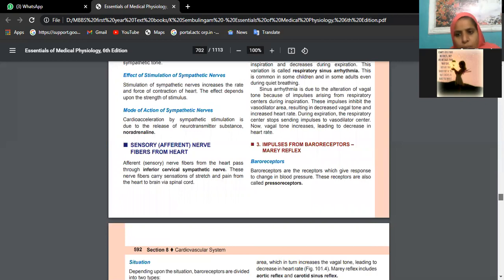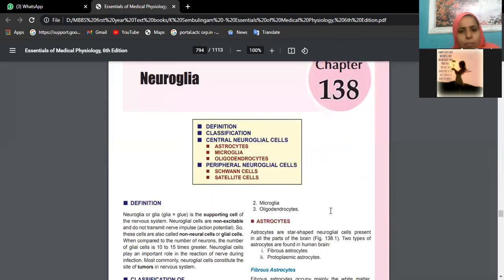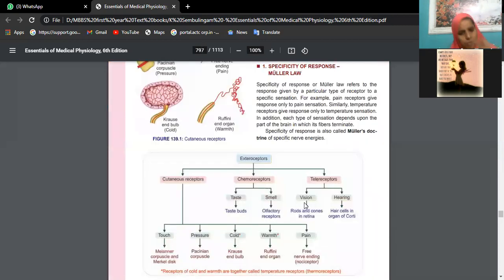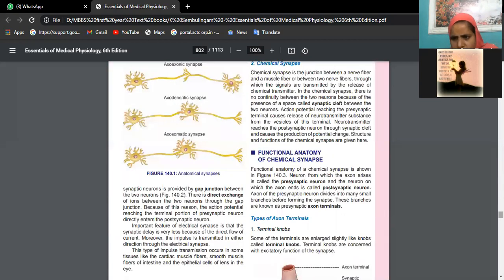Now let us go. Where is respiratory system? But I'm not finding. CNS is lost, right?